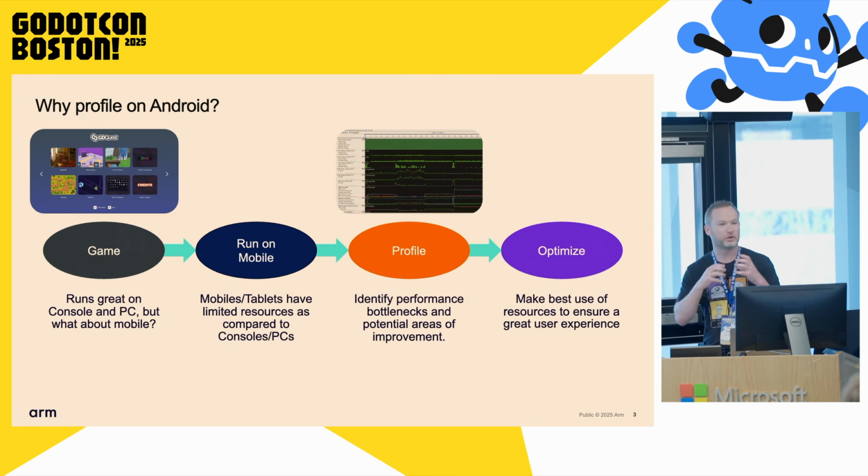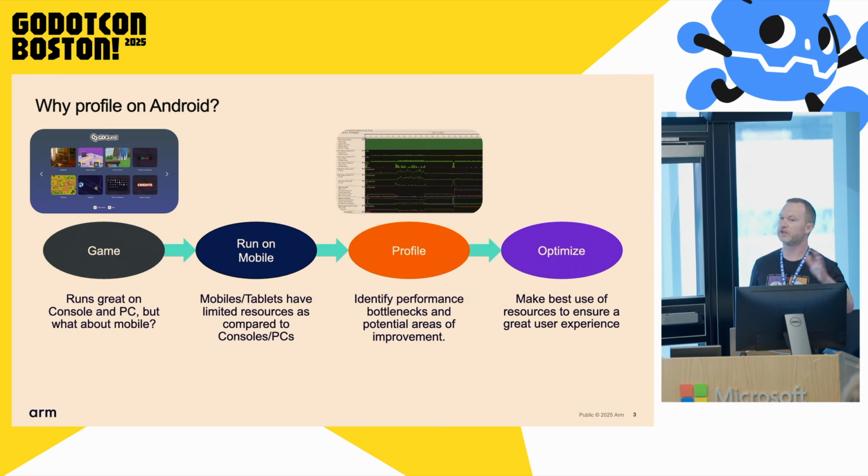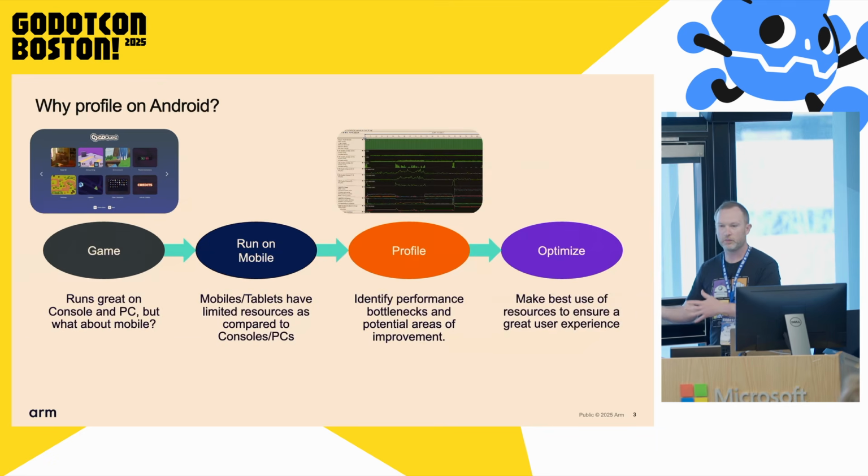But still, when you compile your game, it's going to map to a completely different instruction set. There's different caching, there'll be a different amount of memory and so on. So a game that runs fantastically on your Godot development machine or on whatever platform you're targeting, try it on mobile, it's going to behave differently.